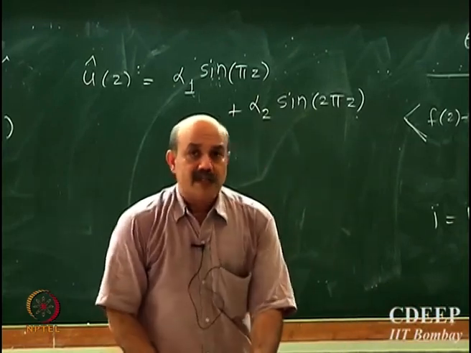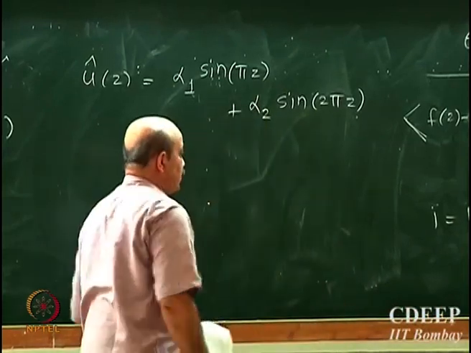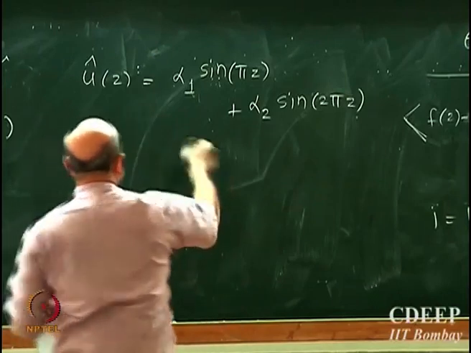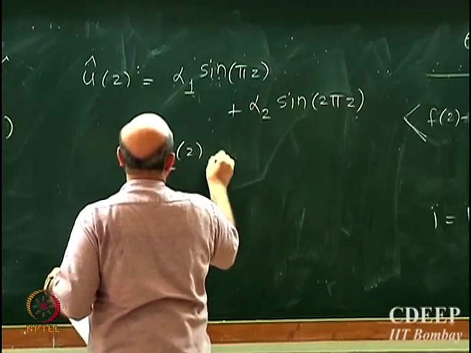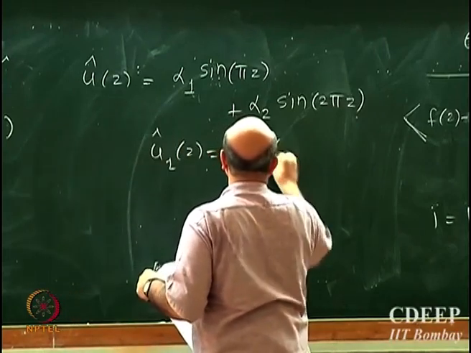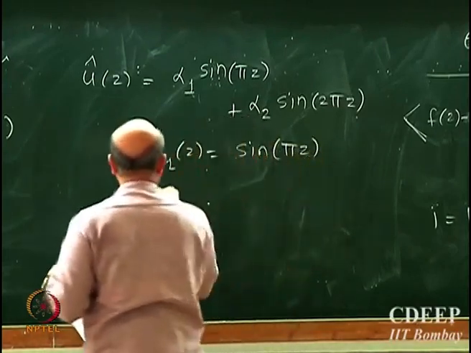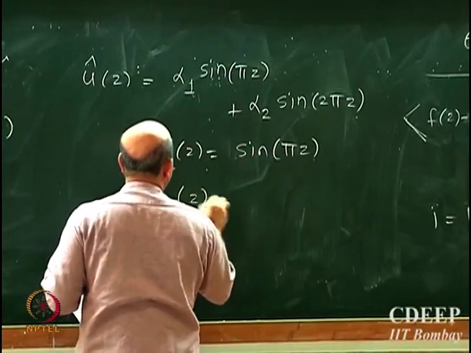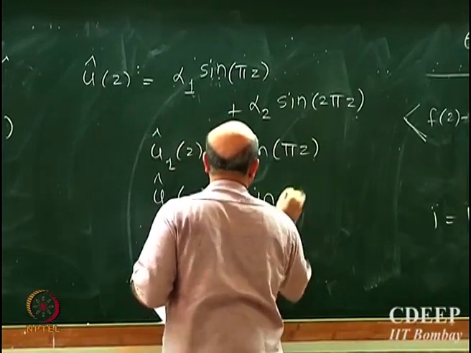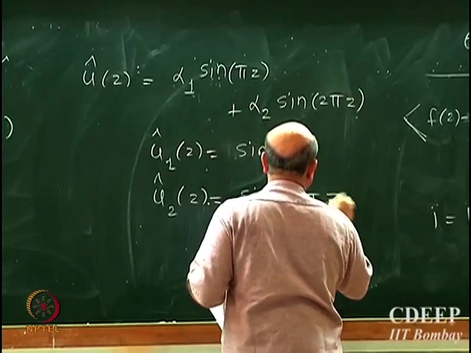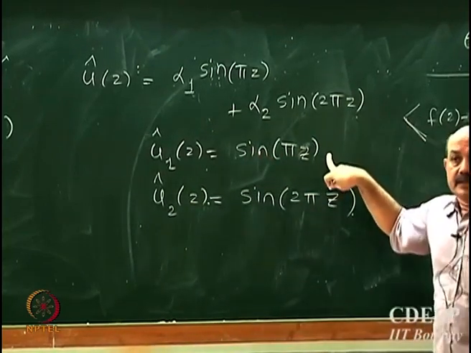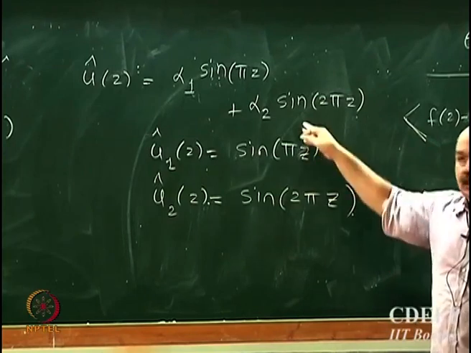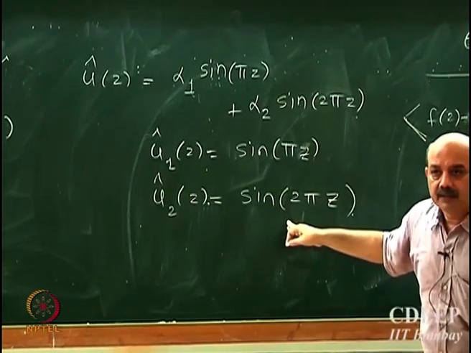So now what is the normal equation? What is my u1 cap z? It is sin pi z, and my u2 cap z is sin 2 pi z. These are my u1 cap and u2 cap.